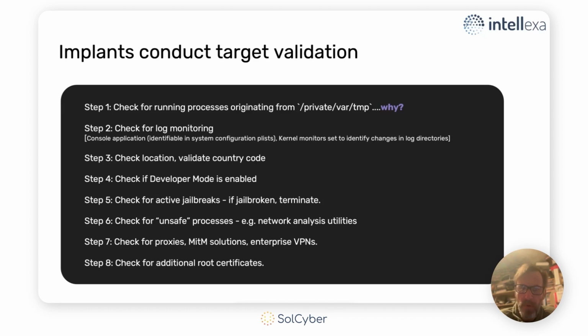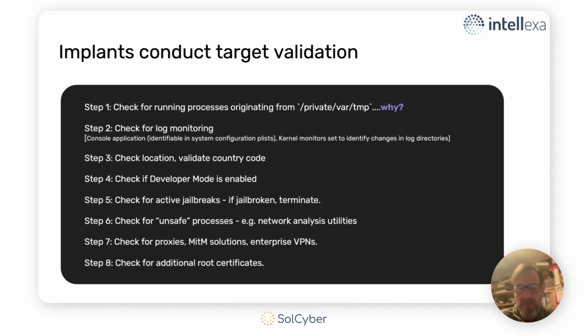They also check for log monitoring. Various system configuration plists and kernel monitors can be set to identify changes. They didn't want that set because they would be easily found if that was there. They're checking location and validating the country code on the device to make sure it is attacking who they say they are.